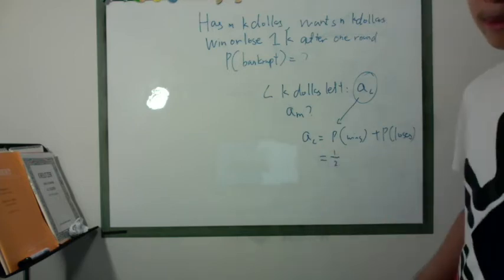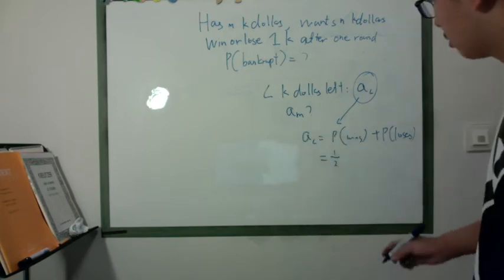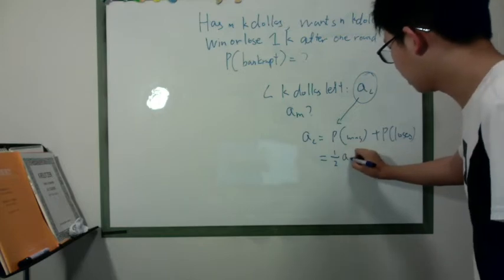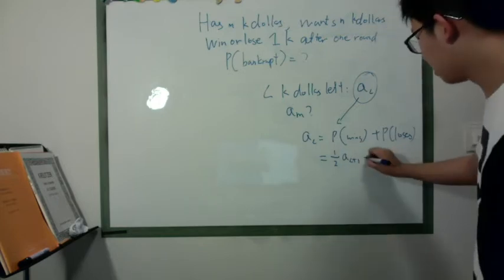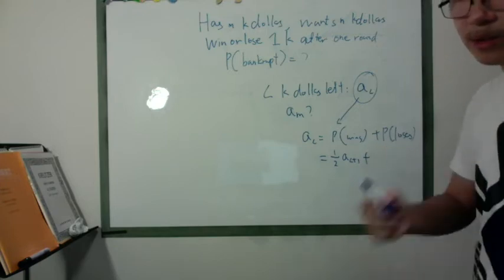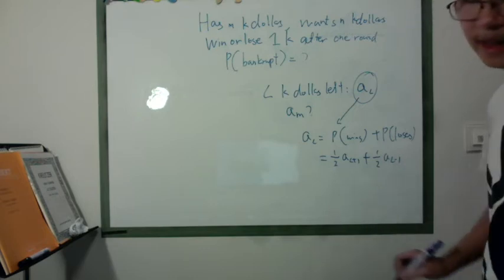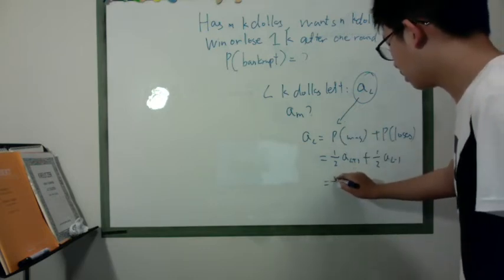But then remember, we're trying to find the probability of him going bankrupt. So after winning, he will gain $1,000, so at that state, he will have L plus 1, and that's the new probability, A_(L+1). This is the same concept. If he loses, then he loses $1,000, then A_(L-1).